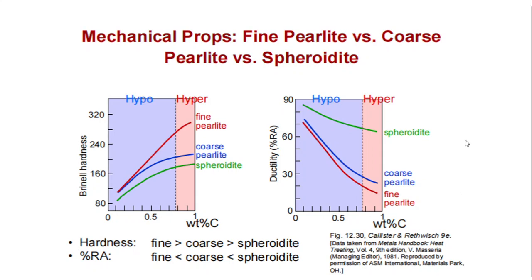When it comes to ductility, the spheroidite microstructure is considerably higher, irrespective of the carbon concentration. Coarse pearlite has a decreasing ductility with increasing carbon percentage, and this decrease in ductility is somewhat more pronounced in the case of fine pearlite.